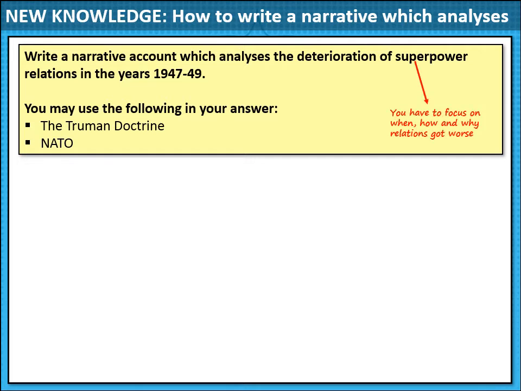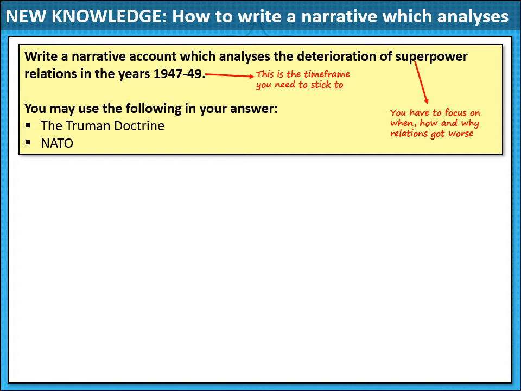So we have a focus. We have to focus throughout our answer on when, how, and why relations got worse. And it's really important that we keep coming back to that as we write our answers. We've been given a time frame to focus on, 1947 to 1949, and we need to stick within that.